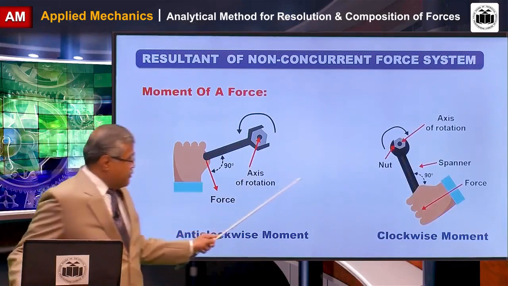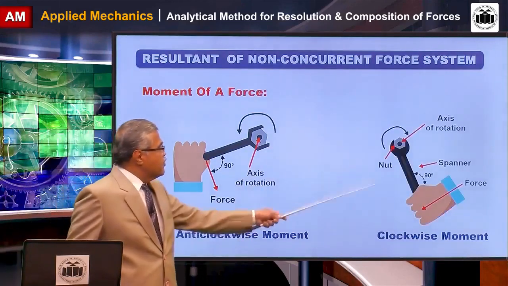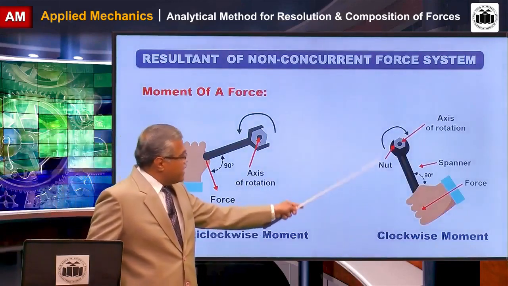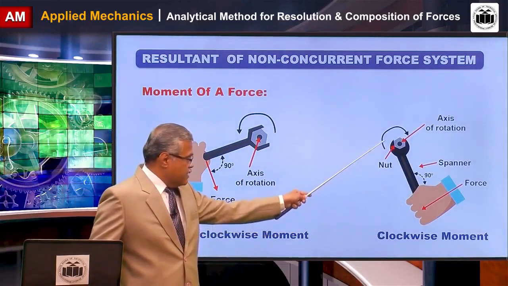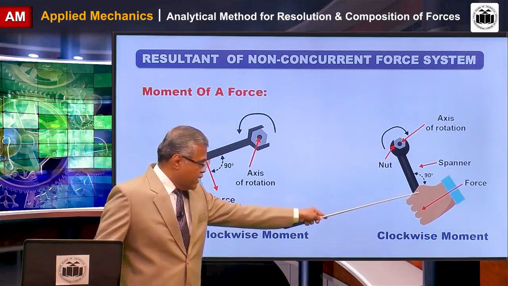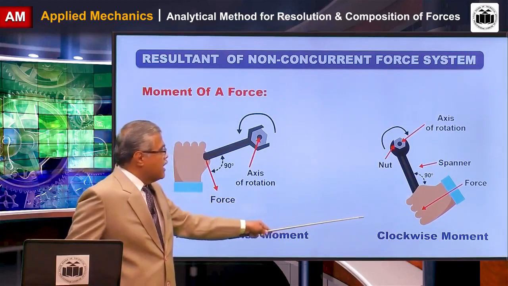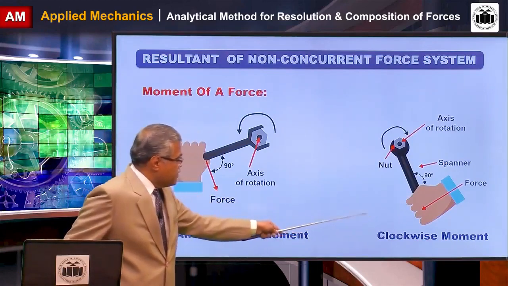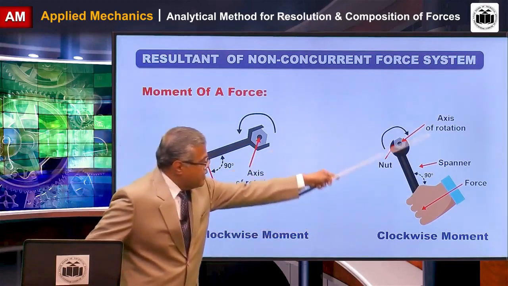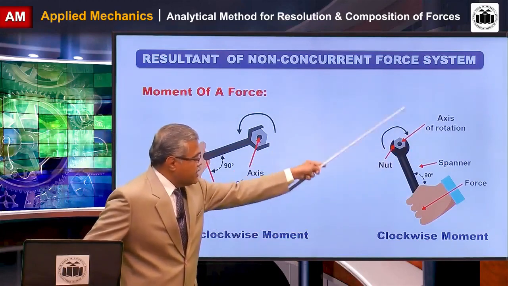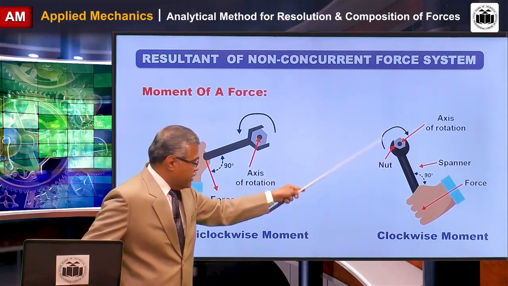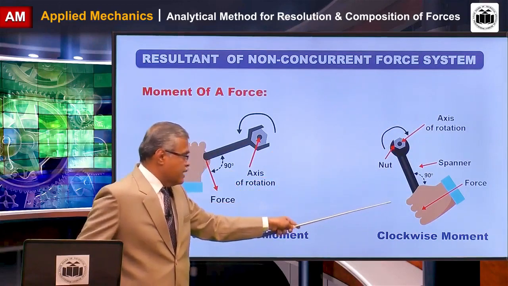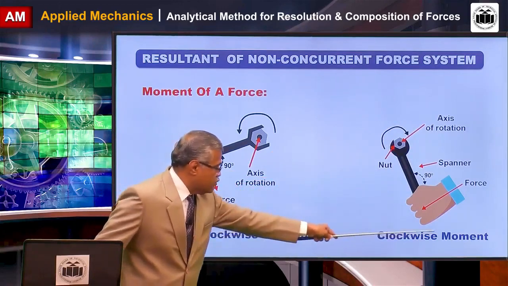Then there is another figure. In this figure, the example is the same, a spanner and a nut, and a person is applying the force in this direction. Because of this force, the nut gets rotated in this direction, that is clockwise direction. Therefore the rotational effect produced over here is called clockwise movement.